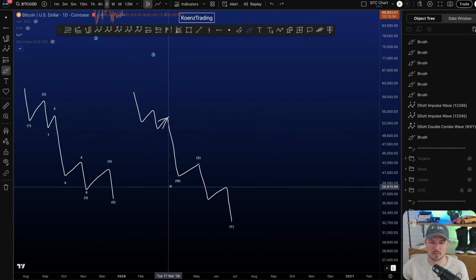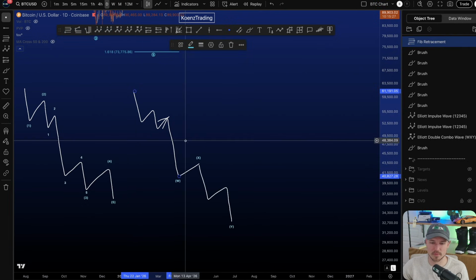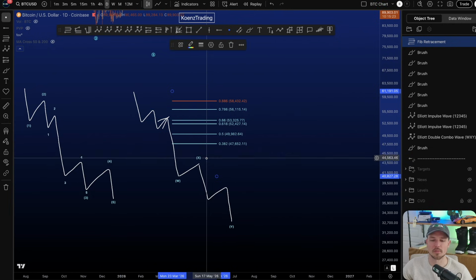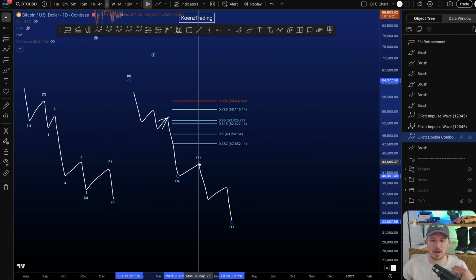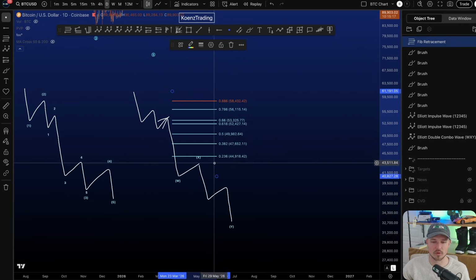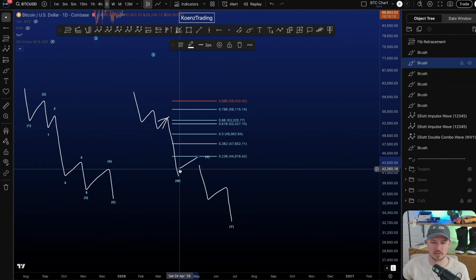Mimicking a potential 4. Now, preferably, your minimum target for wave X, has to be said, is the 0.382 Fibonacci, right, which clearly it hasn't reached in my drawing. So preferably your wave X goes higher. But then again, we have seen a wave X being shallow, going to, say, a 236.